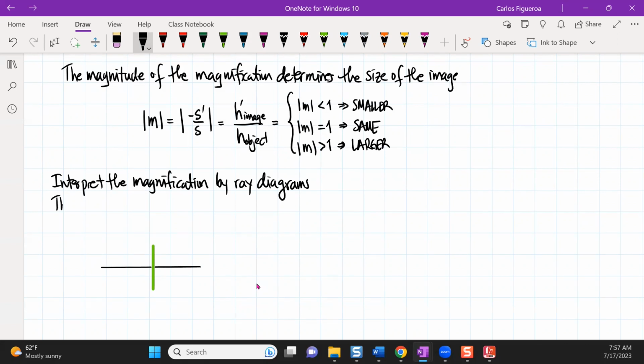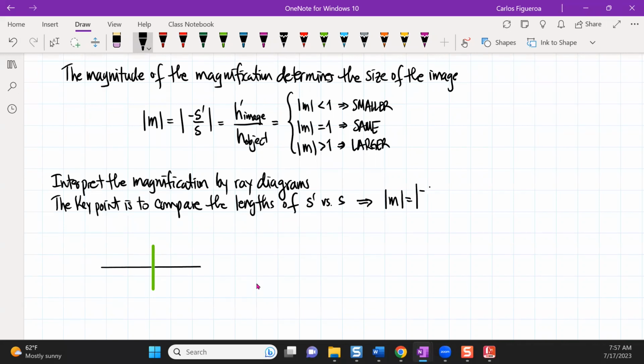The key point is to compare the lengths of S prime versus S, because it tells us, if I look at the magnification, where these are now absolute values, I am comparing these two distances.